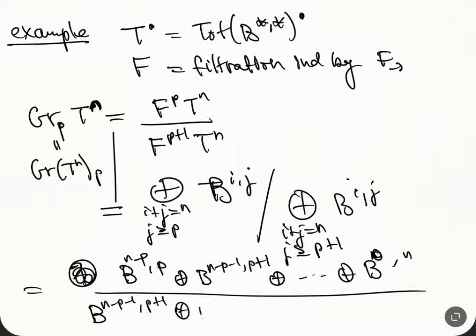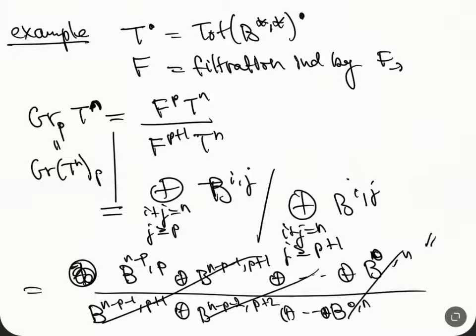So this is b, and then we have n minus p minus 2, p plus 2, and so forth, all the way when we get to b 0n. And then it turns out that these all cancel. And what we're left with is this thing being equal to, or isomorphic to, b n minus p.